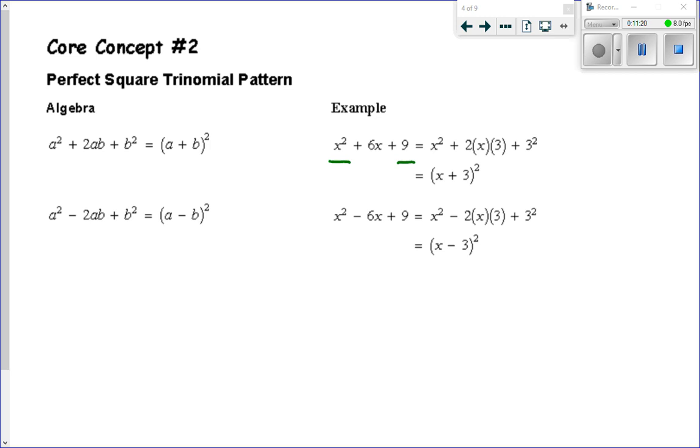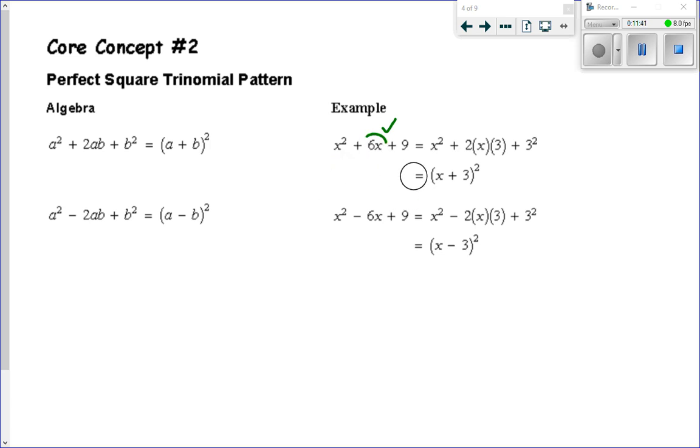So the square root of x squared is x. The square root of 9 is 3. 3 times x is 3x, times 2 is 6x. Yes, that works out. And there you go. We see that that is a perfect square trinomial.